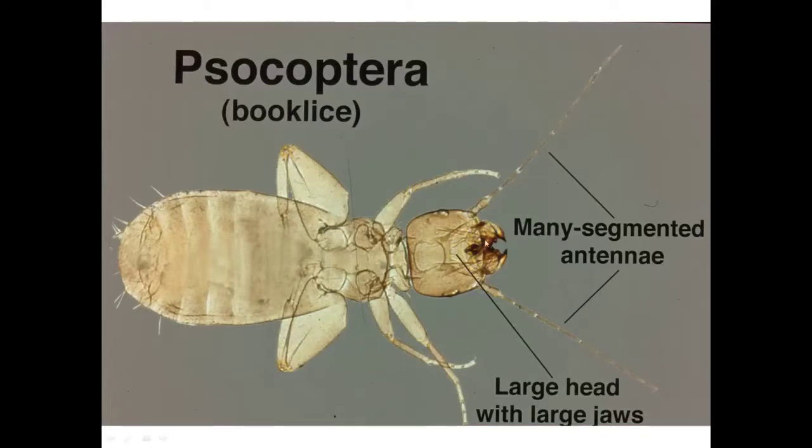Psocoptera, so-called book lice, are, as it sounds like, found in decaying paper, decaying leaves, pet habitats, like the gerbil cage in the classroom. The kids get them on them and then get treated for lice repeatedly.